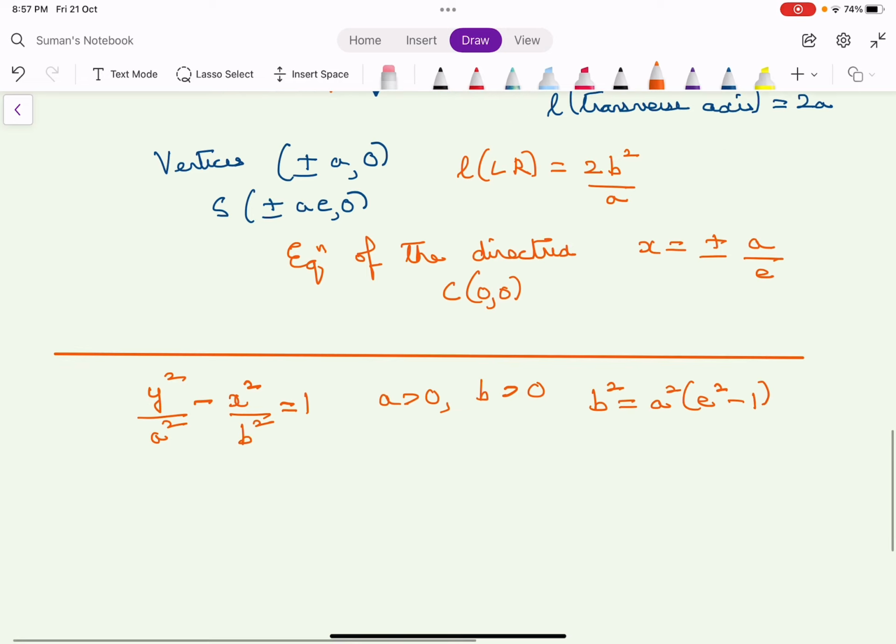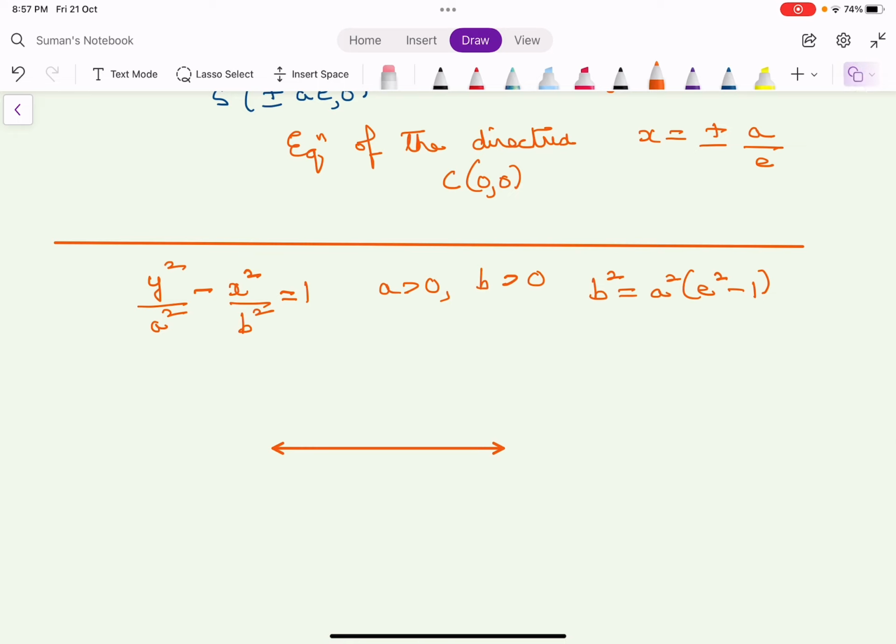So this curve would be something like this. You have the x-axis here, and then you have the y-axis here, and the hyperbola would be something like this, one at the top and one at the bottom. So as usual, your center is C, which is 0, 0.